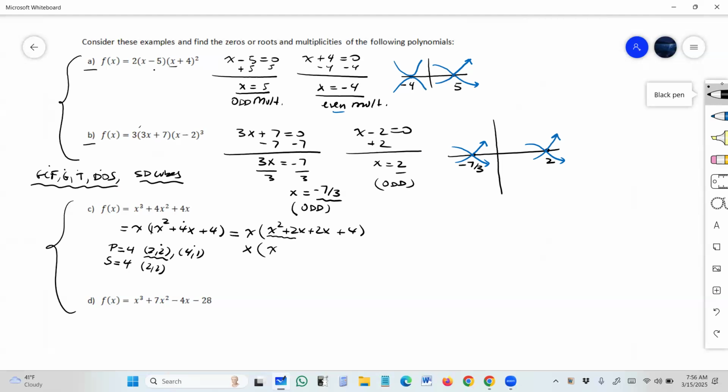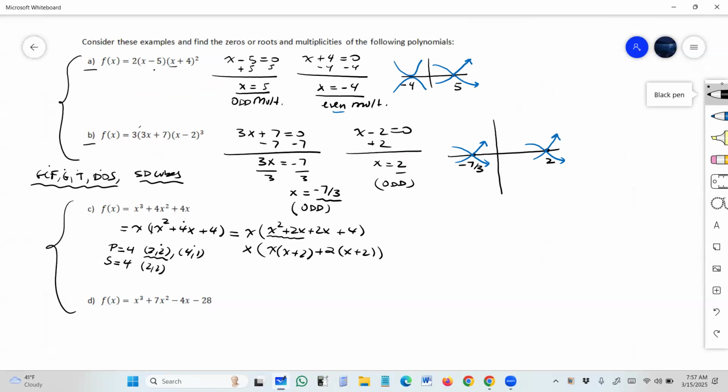Keep in mind, I am not reviewing GCF or grouping here. I'm assuming that you remember how to do that, or if not, then you spend a few minutes reviewing GCF and grouping. So out of the first group, I factor x, I get x plus 2. And out of the second group, I factor 2, also get x plus 2.